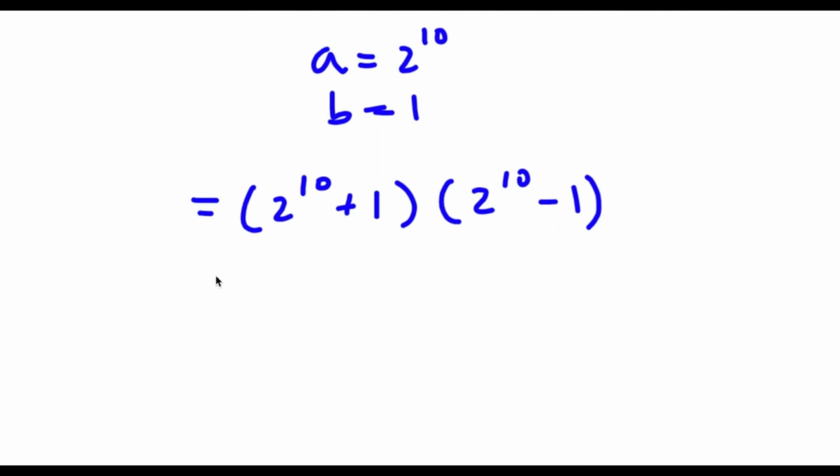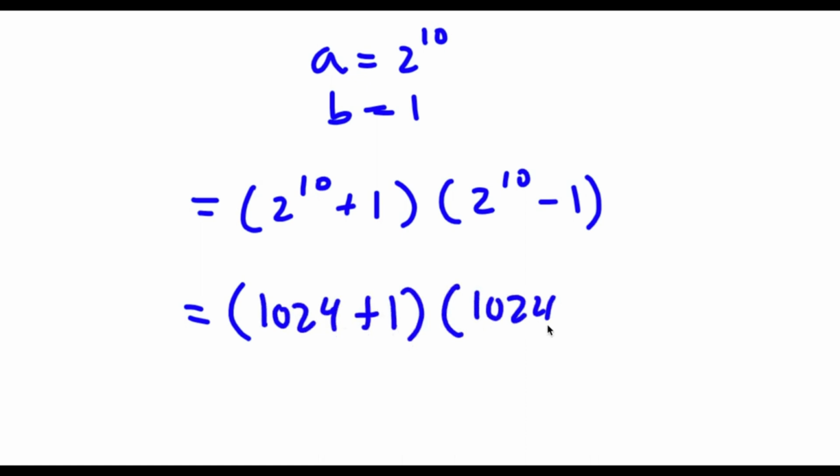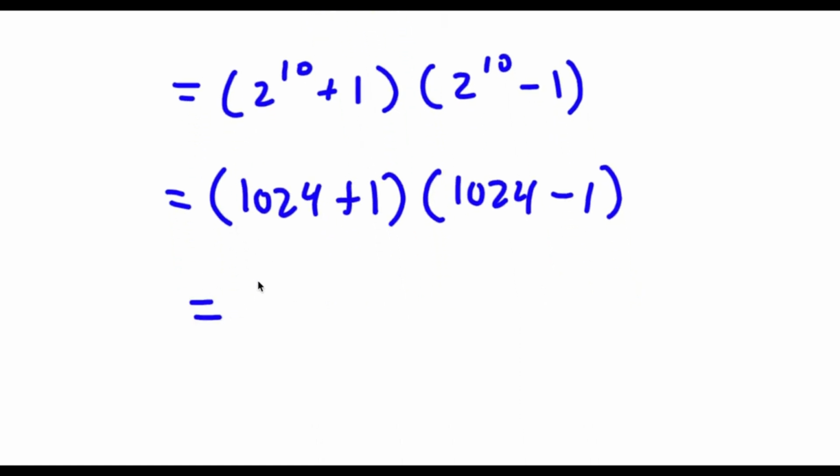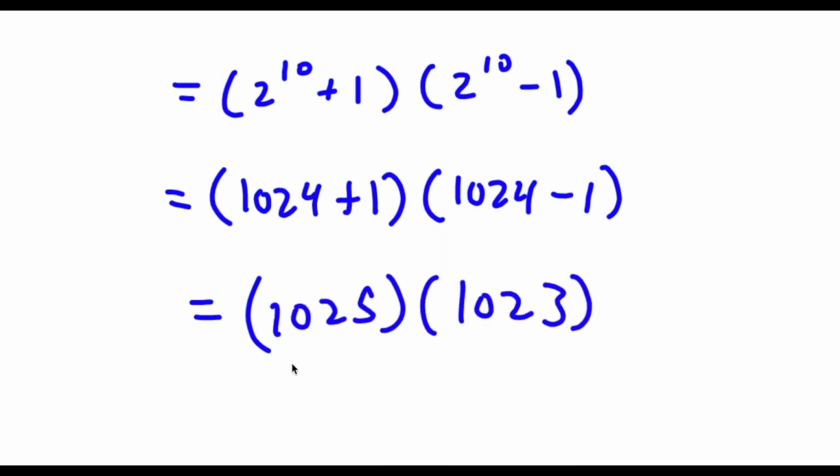Now 2 to the power of 10 is equal to 1024. So now I have 1024 plus 1 times 1024 minus 1. 1024 plus 1 is equal to 1025. And 1024 minus 1 is equal to 1023. So now I'm left with 1025 times 1023.